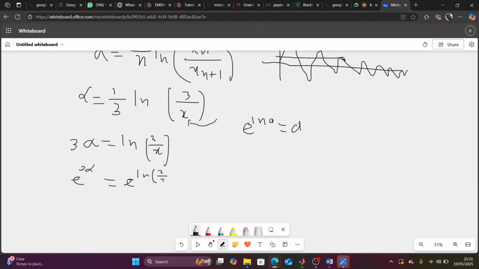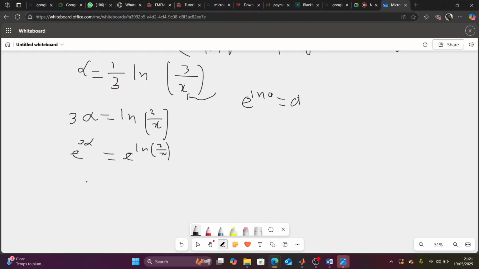Yes. So what do we get? We get e to the 3 logarithm decrement equal to 3 over x. So what is x? x is 3 over exponential 3 logarithm decrement. So that's basically what was asked in this question.